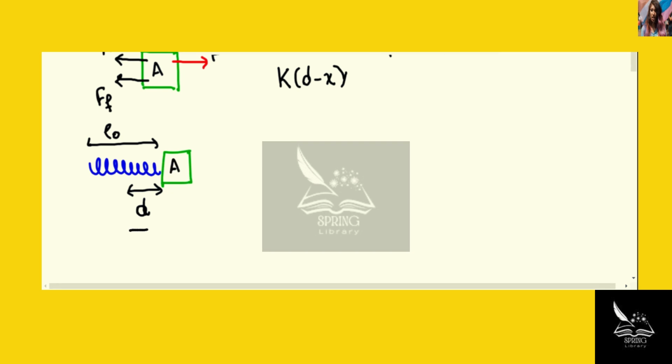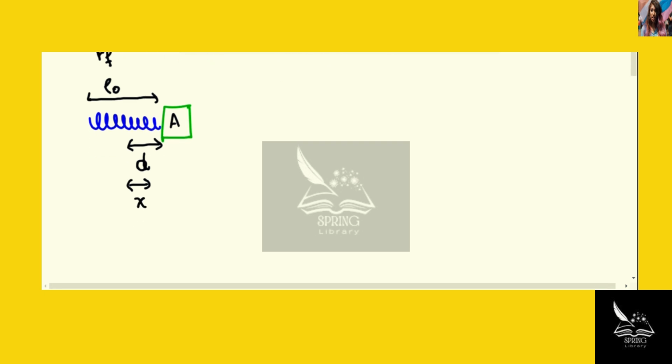Notice that the remaining compression is equal to D minus X, so the force that block A experiences is equal to K times D minus X.